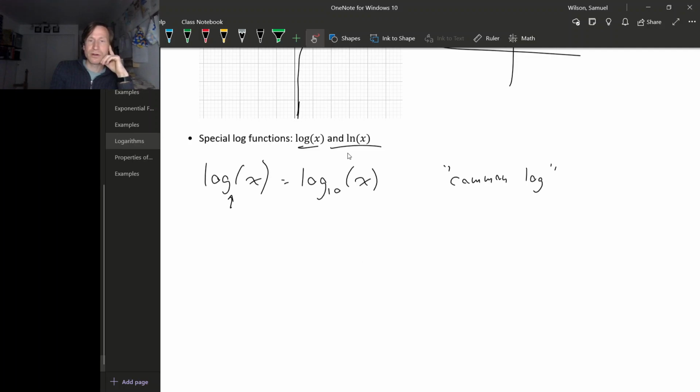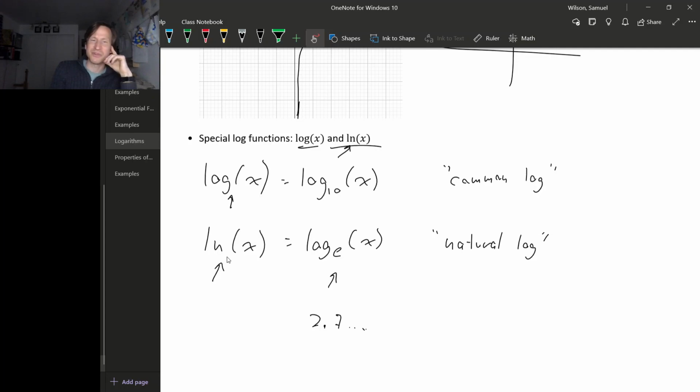And the other specially named log function is ln. So why is this even a log at all? Well, it's shorthand for log base e. Remember, e is this special number 2.7 something. It turns out it's an irrational number. And this is called the natural logarithm.